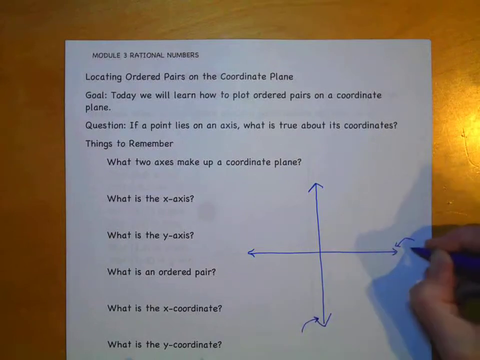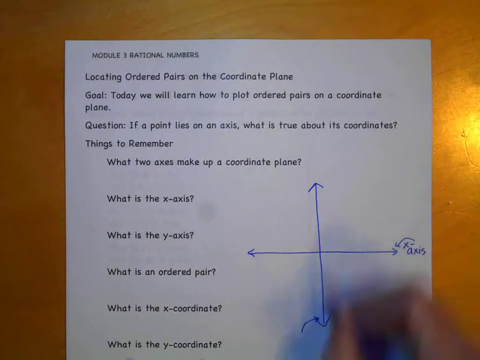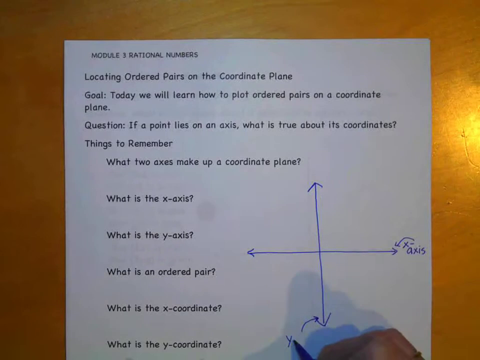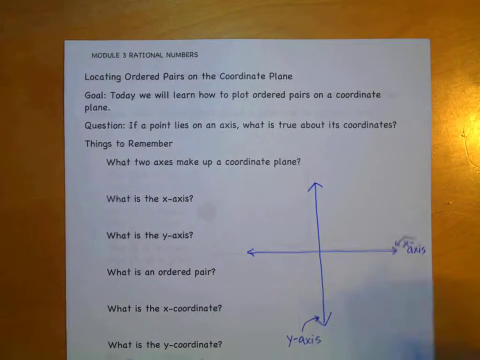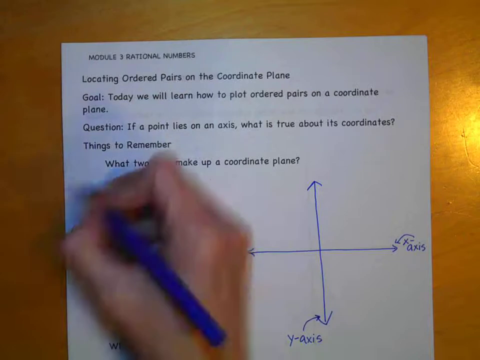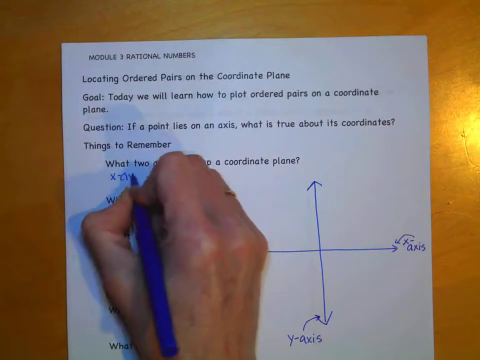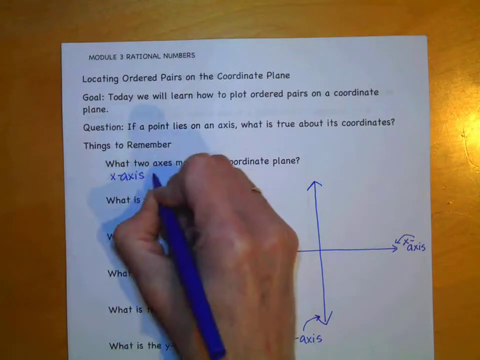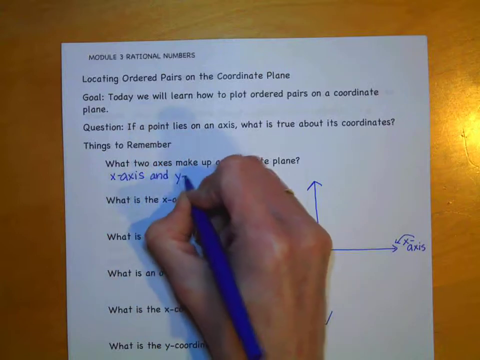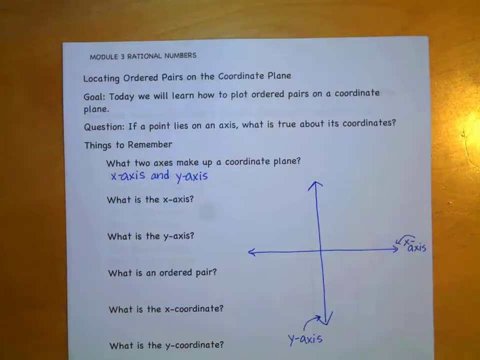This number line, as you may already know, is called the x-axis. And this number line right here is called the y-axis. So what two axes make them up? It's the x-axis and the y-axis. Hopefully you guys remember this.